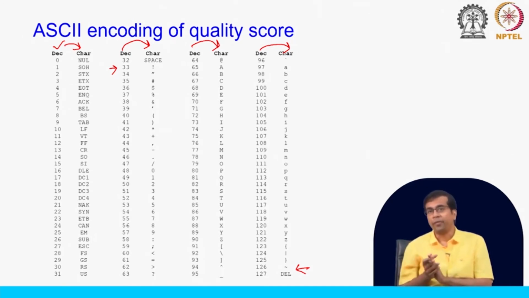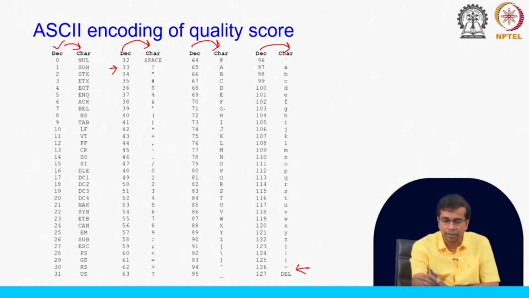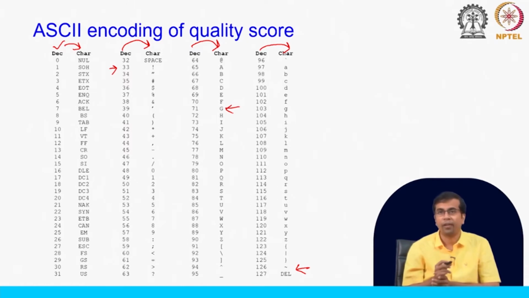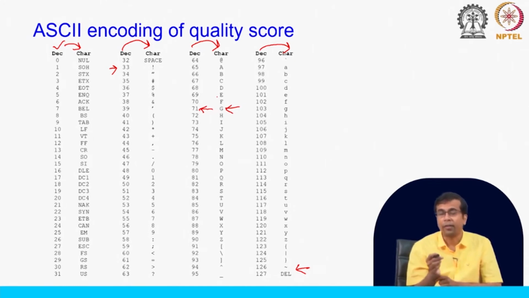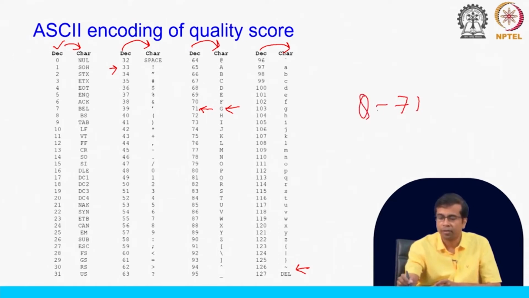On the other hand, if you see the encoding, for example, this capital G, okay, in many of these data sets, for many bases it was G, right, you had this encoding G. So, G now corresponds to 71, right. Now, if you want to calculate the actual quality score, the actual quality score will be 71 minus 33 in Phred plus 33 encoding, right.